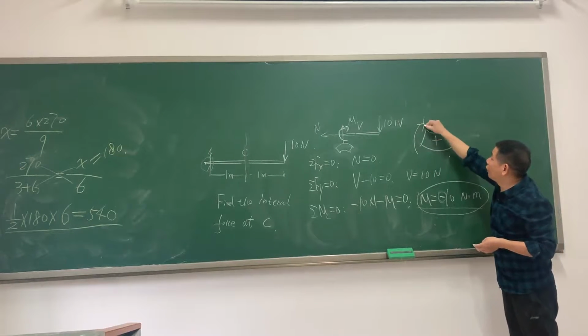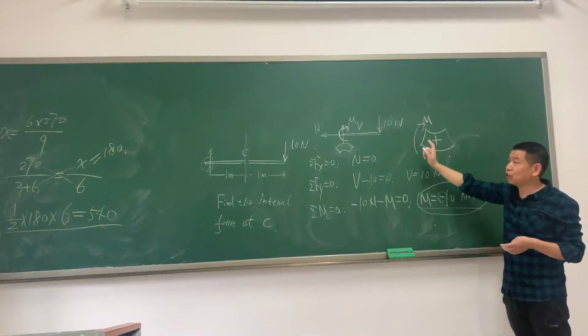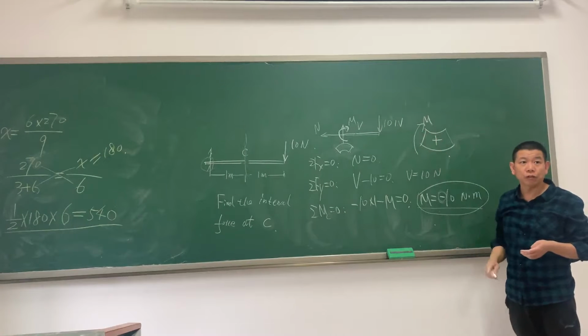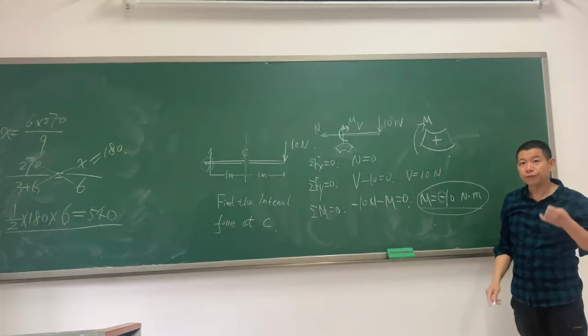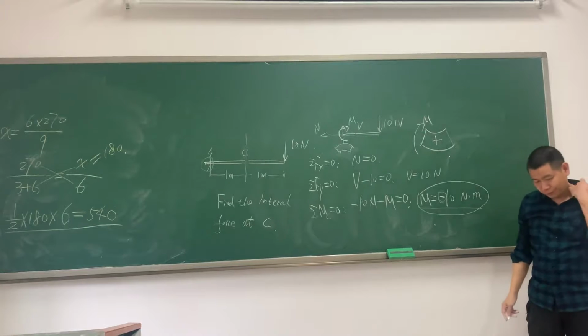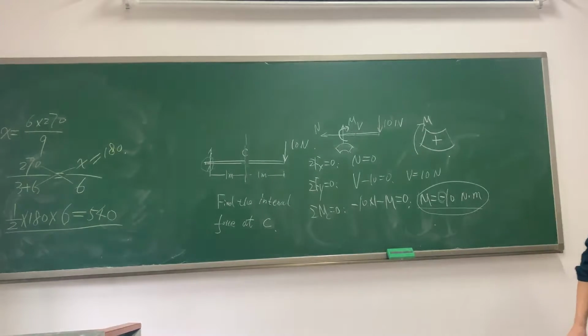If M is in this direction, M is positive. But you take minus. It's a difficult problem. Maybe I have to explain it in the next class. Okay? It's a difficult point.